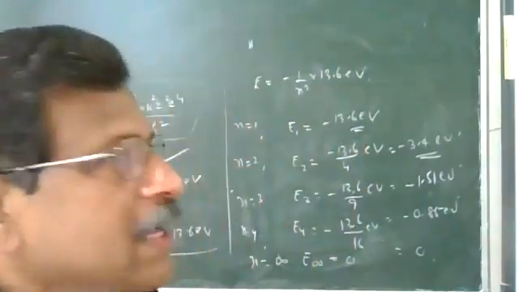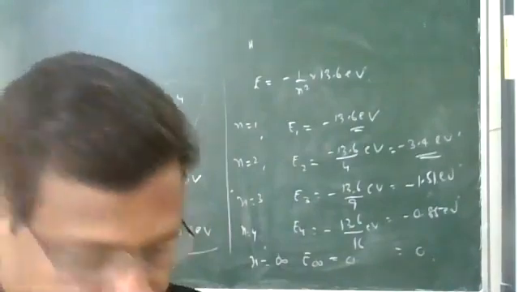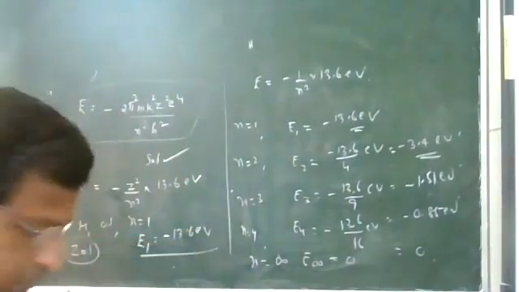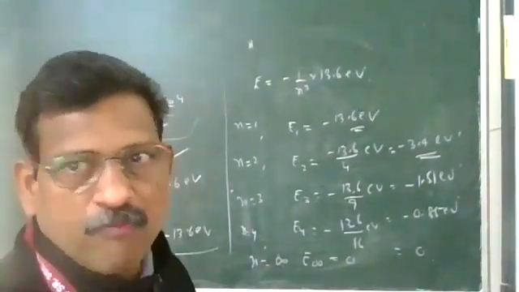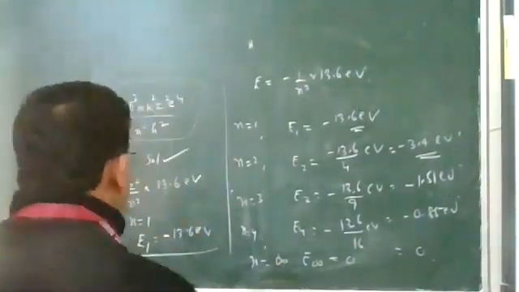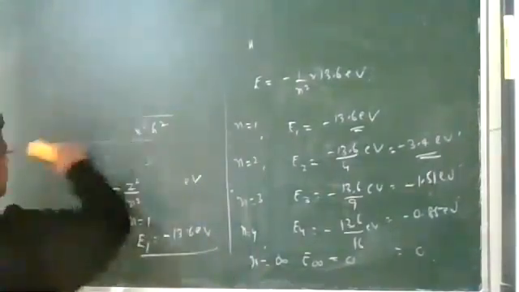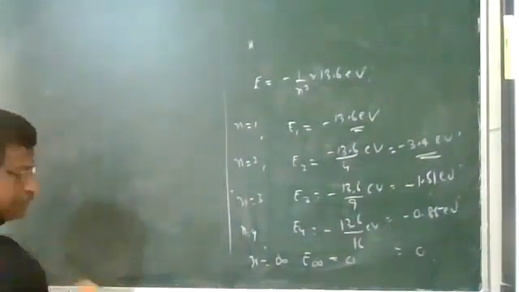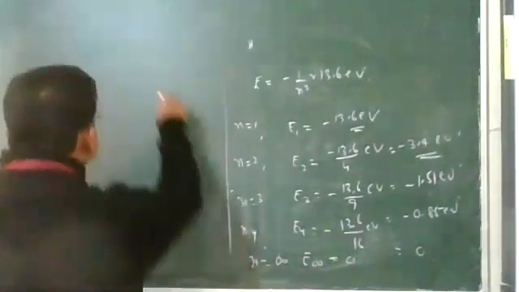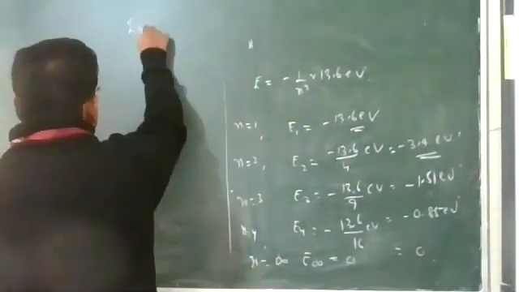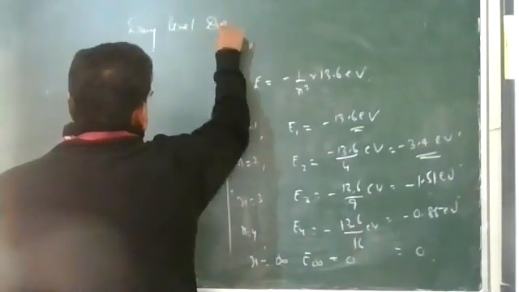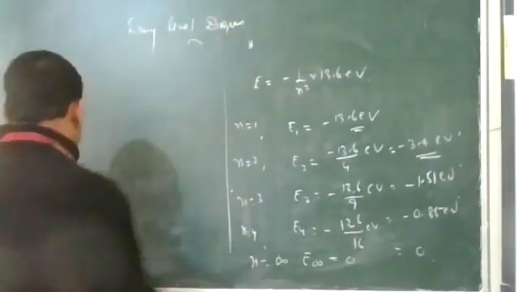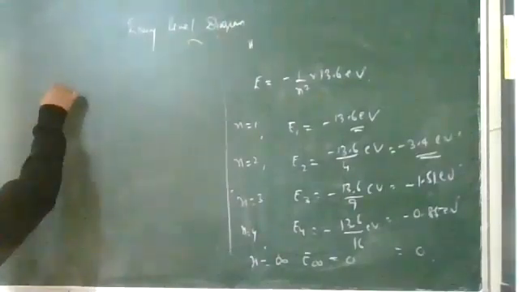So you can draw an energy level diagram showing discrete values of energy along the y-axis. Energy level diagram showing the discrete energies.